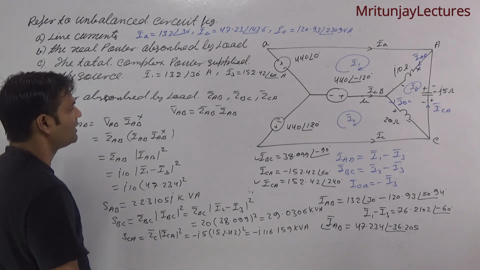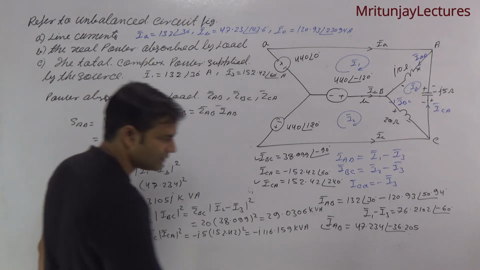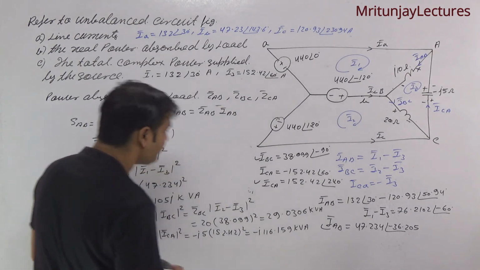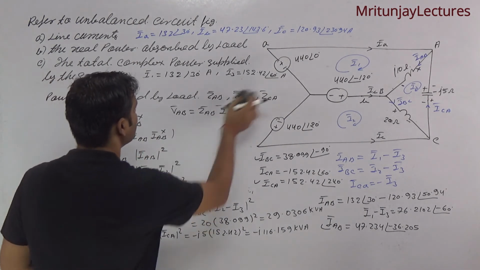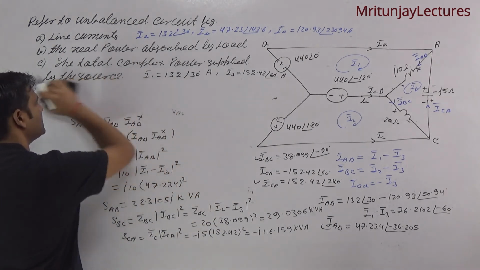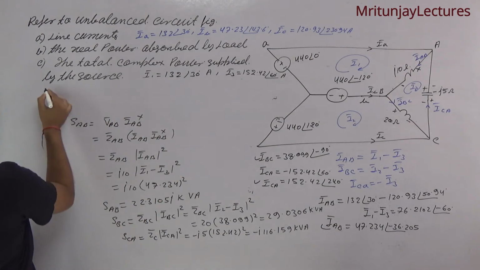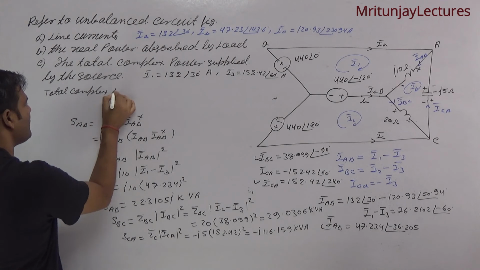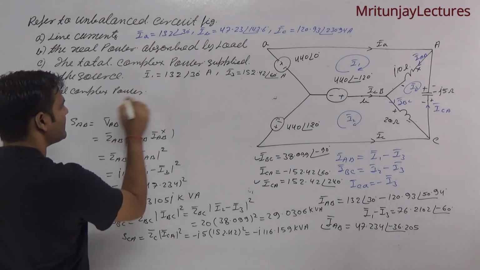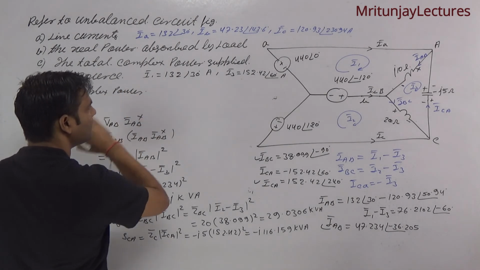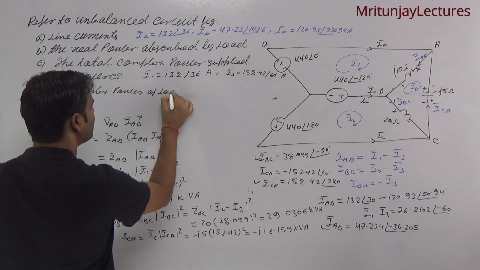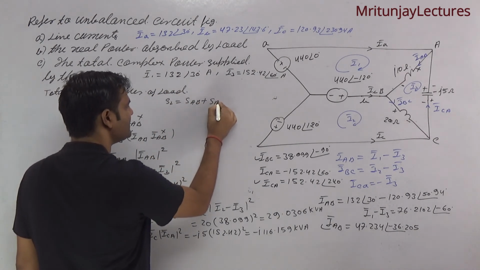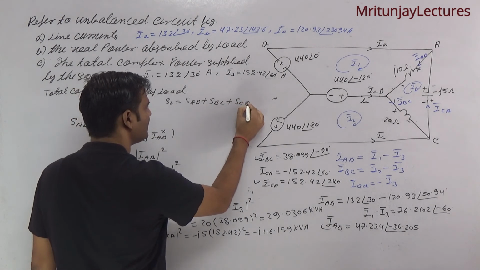But our motto is to determine real power. Okay, so first of all, write the total complex power of load. SL is written as S of AB, S of BC, S of CA.